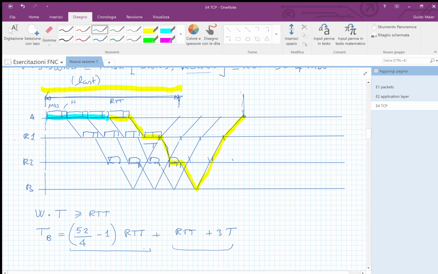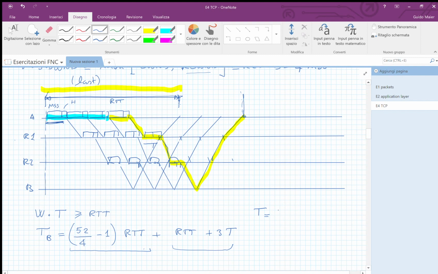What is T, the value of T? The only transmission time that is relevant in this exercise is the transmission time of A, because that is the one that determines the duration of the window.